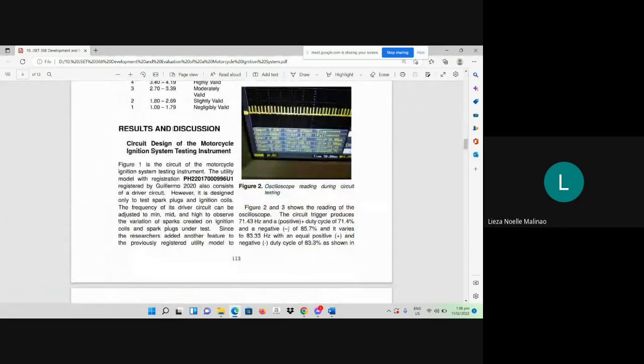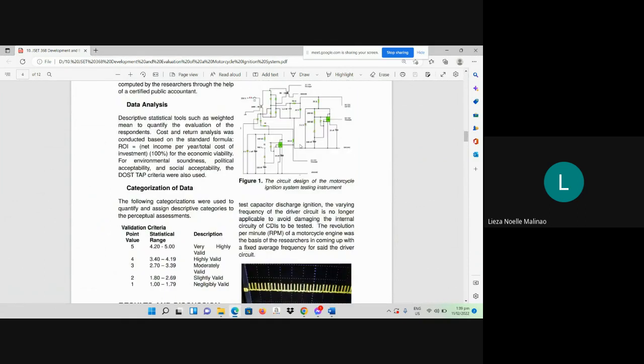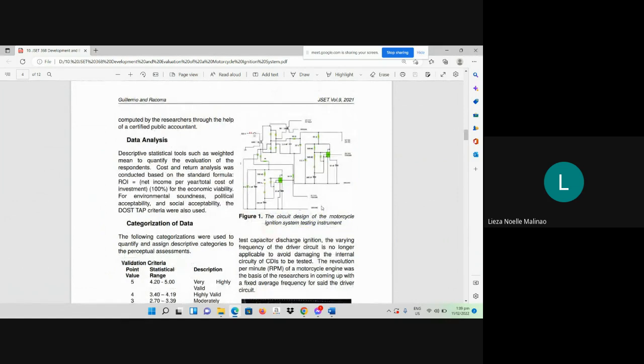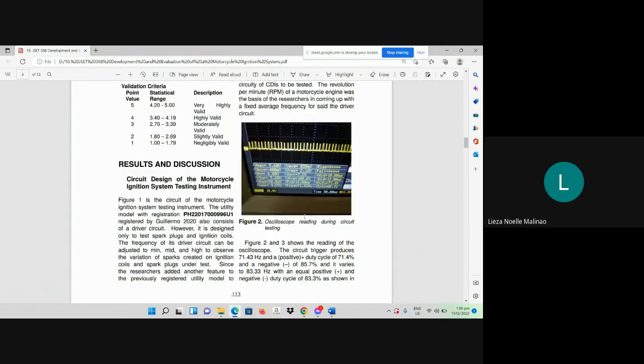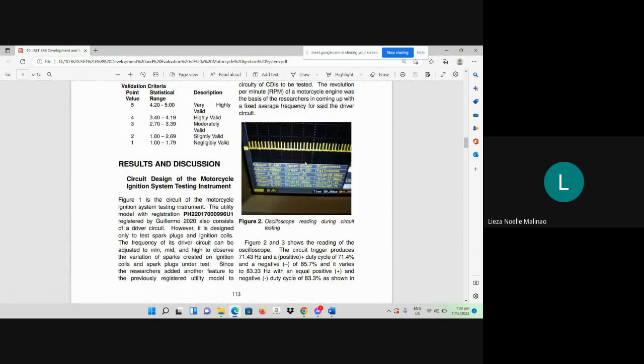Okay. So in the results section, they are now telling us how they developed this particular technology. So you can see that they have the diagrams here, what they call the circuit design of the motorcycle ignition system they developed. I do not know what this is, but I'm sure you guys know because you're from the automotive and electrical technology discipline.